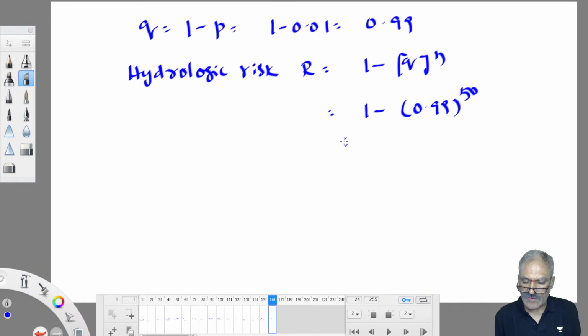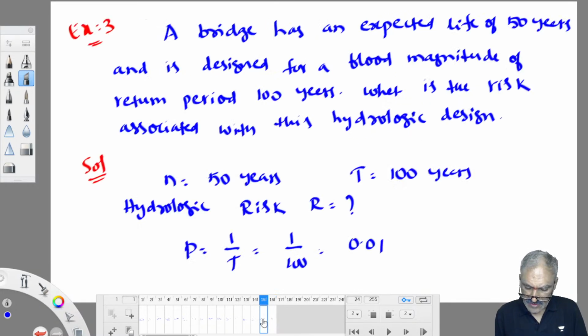In 50 years, how much risk is there? So 1 minus 0.99 to the power 50 is 0.394. Of course, for this also options are given, in percentages.